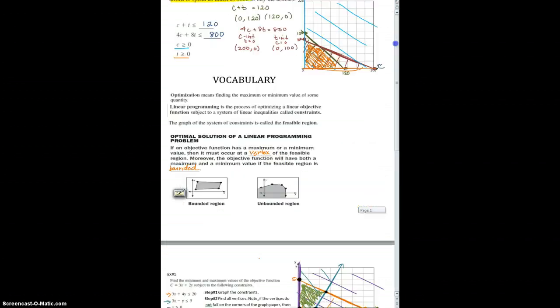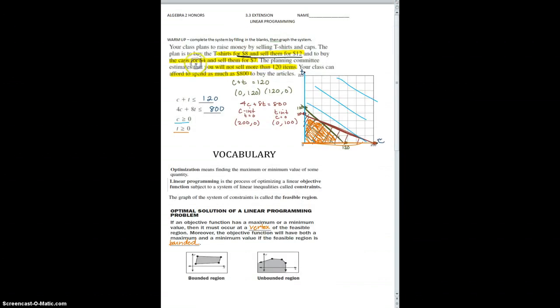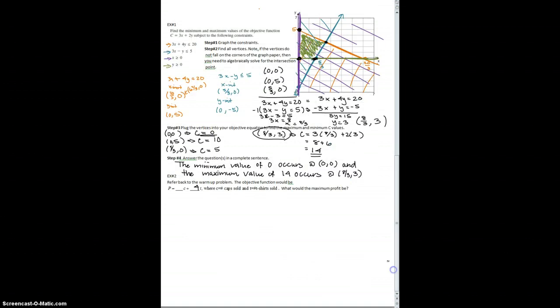For caps, we would buy those for $4 and sell them for $7. So your profit would be $3. This is your objective function. From here, you'll do the same things that we did for example 1.